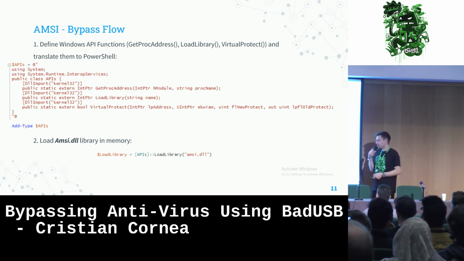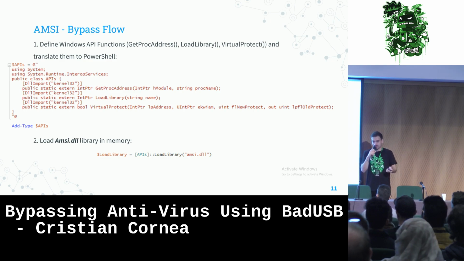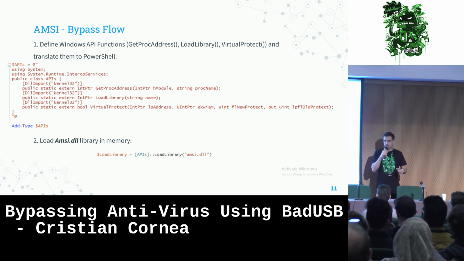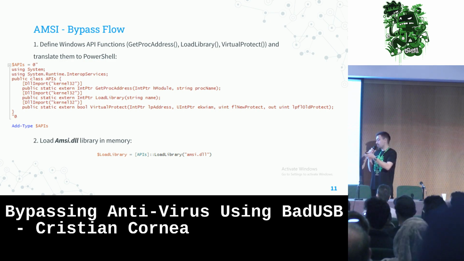How will we use them? Basically, GetProcAddress is used to pull the exact memory address of a specific function within memory. How can we search for a specific function within memory if we don't know the library that defines that function? So we have the LoadLibrary function, which loads the library into memory.